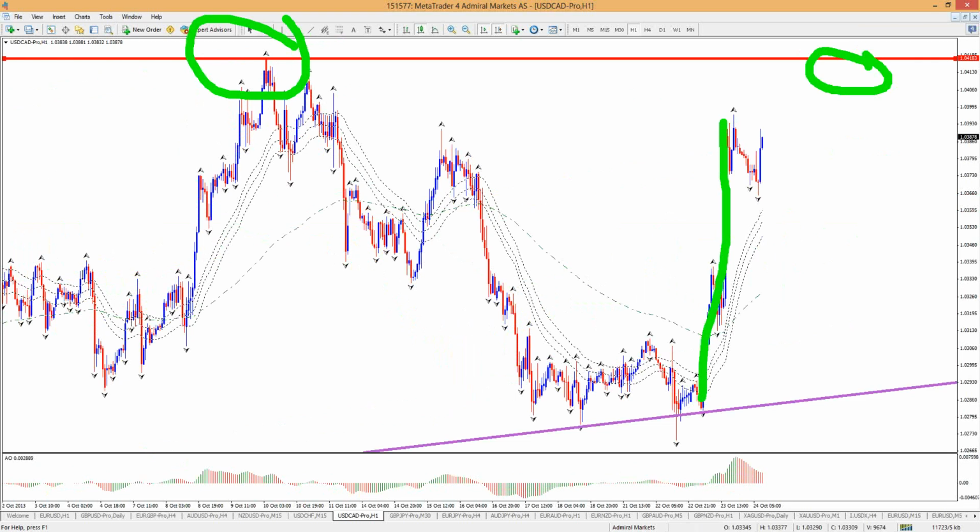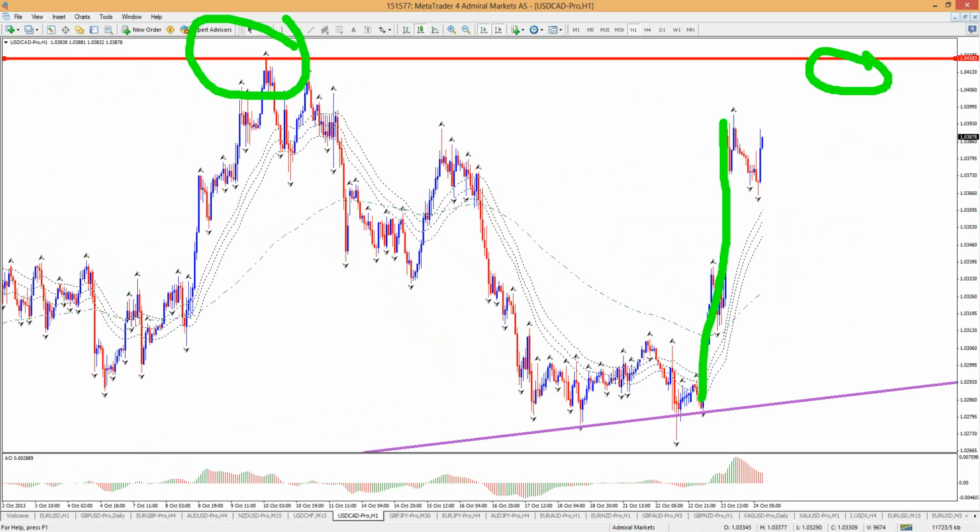So, yes, we could bounce there, but we could also break through it. It's a coin flip. Doesn't make sense to trade, at least to the downside. Does it make sense to trade to the upside? Not at the moment, in my opinion, because we're only like 30 pips away from that top. So we're in a neutral zone. I want to trade it to the upside, in fact, because we're in an uptrend, but it doesn't make sense in here.